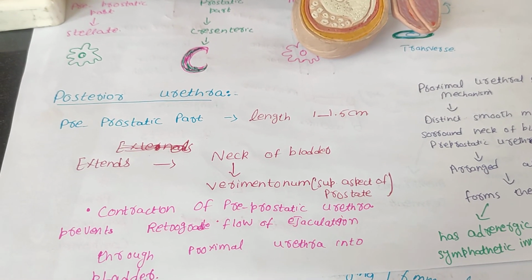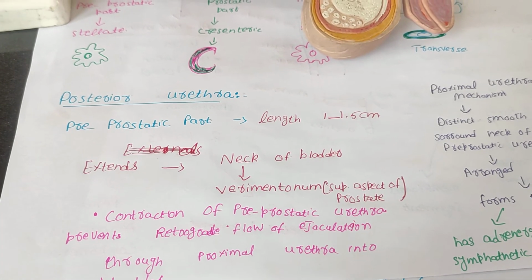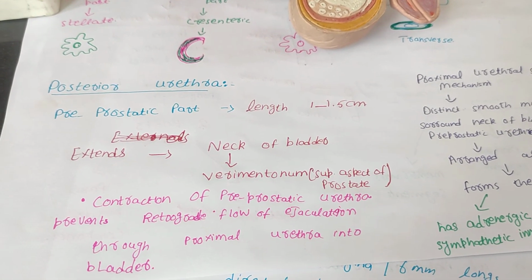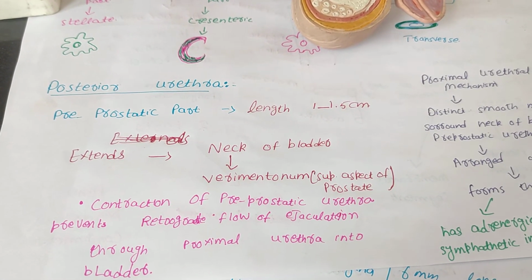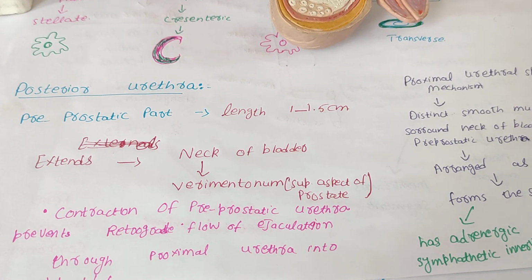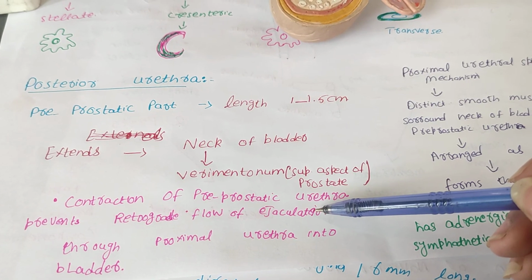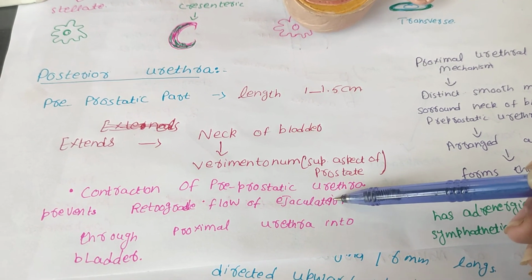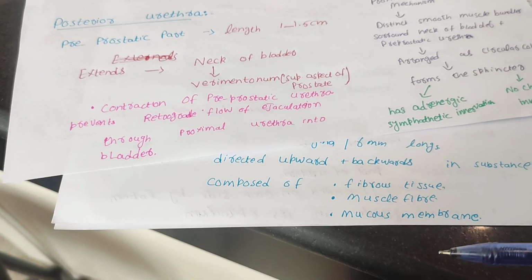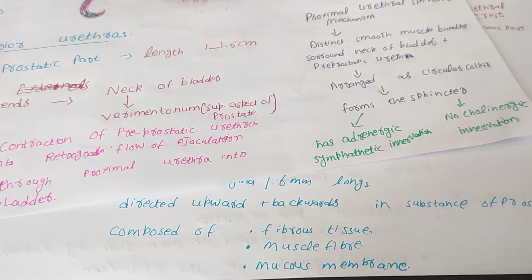But the urethral sphincter automatically closes because that is the sympathetic activity, that is the fight or flight condition. So the urethral sphincter will become contracted, and the ejaculate will not be able to go into the bladder, and that will come forward to the anterior urethra, and then it will be ejaculated.